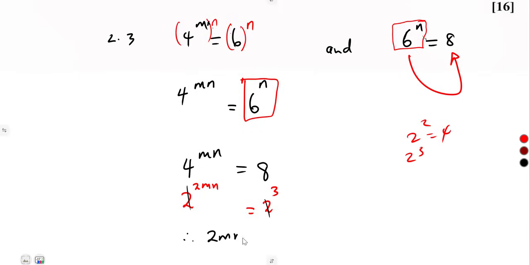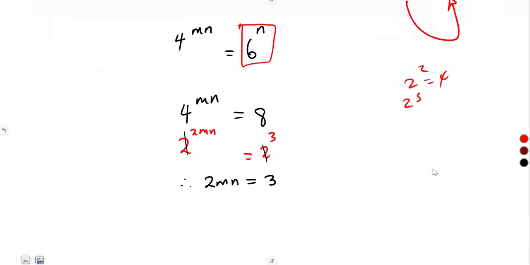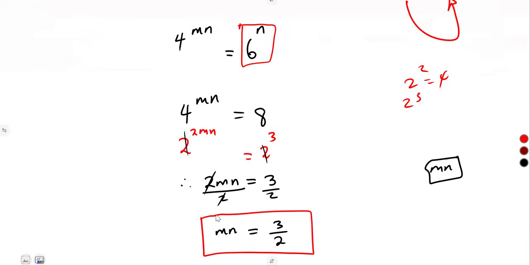So 2mn is equal to 3. So we can solve for mn. Remember what we want is mn combined. So mn is here. So we can simply divide by what? Divide by 2. That's to cancel. So therefore mn is equal to 3 over 2. So that is how we can solve.